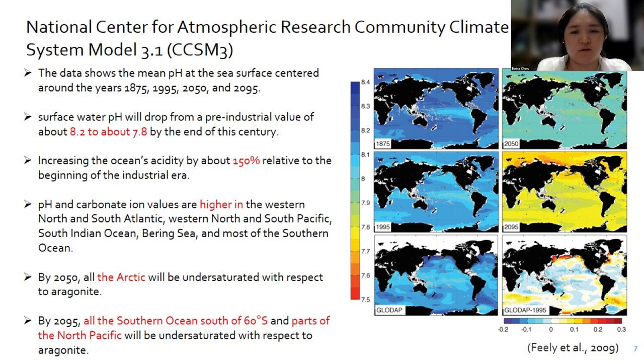While certain regions like the Atlantic and Pacific maintain higher pH and carbonate ion levels, the Arctic will face undersaturation of aragonite by 2050. By 2095, all of the southern ocean, south of 60 degrees south, and part of the northern Pacific will also be undersaturated of aragonite.